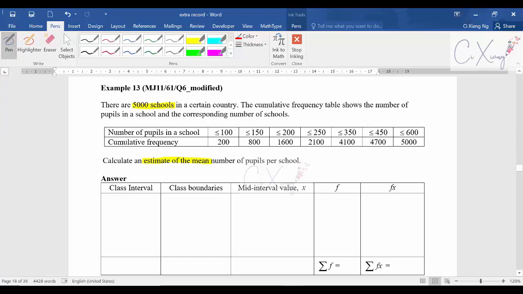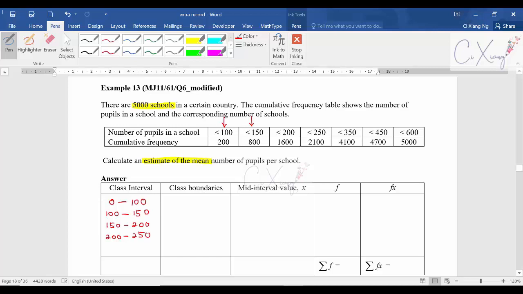For the first class interval, I will write 0 until 100. Okay, so this is for the first class. And the second class, I will write as 100 until 150. And then 150 to 200. Then 200 to 250, and so on.